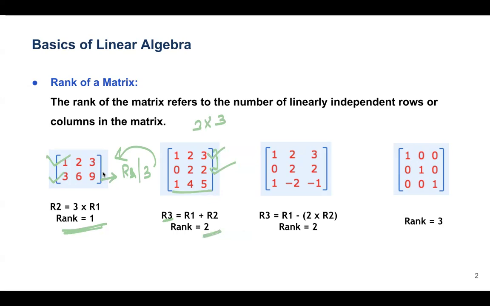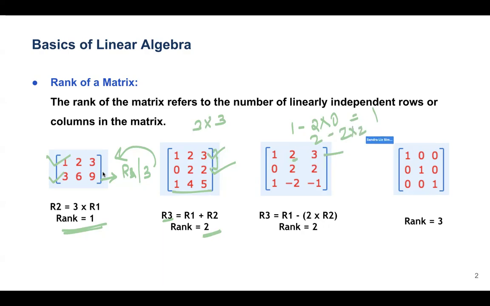Now taking the third matrix, this is also a 3 by 3 matrix. And here we can say that R3 equals R1 minus 2 times R2, the relation that is given here. Let's just do an example. Take the first element of R1, 1, minus 2 times the first element of R2, which is 0, is again 1. Then the next element, minus 2 times R2's element, gives minus 2.